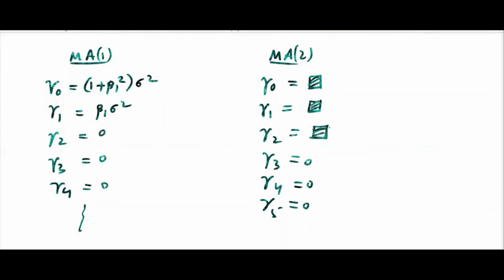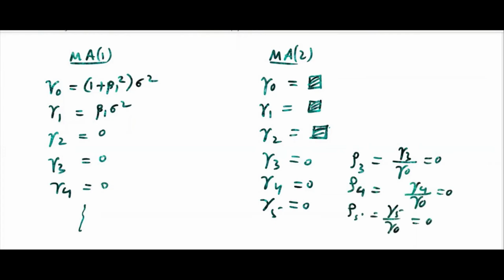After 2, all covariances will be 0. And in that case, if you find rho 3, that will be gamma 3 divided by gamma naught, which is 0. Rho 4 will be gamma 4 by gamma naught, that is 0. Rho 5 will be gamma 5 divided by gamma naught, 0. So in the MA2 process, remember, the autocorrelations after the second stage onwards will all be 0.